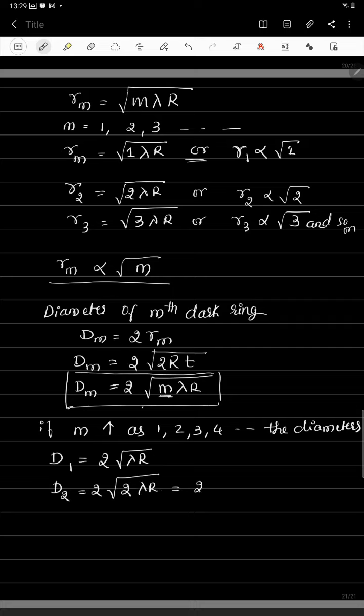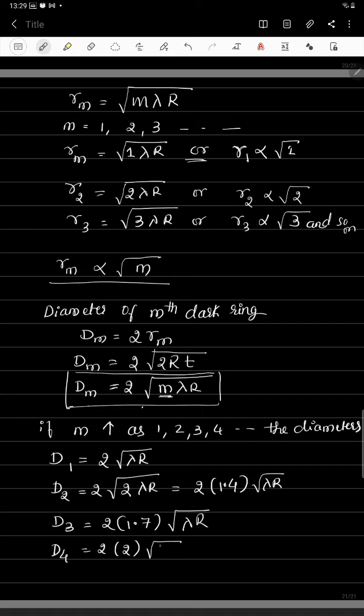This I can write as 2 into 1.4 root lambda r. d3 becomes equal to 2 into root 3, that is 1.7 into root lambda r, and d4 becomes equal to 2 into 2 root lambda r, and so on.